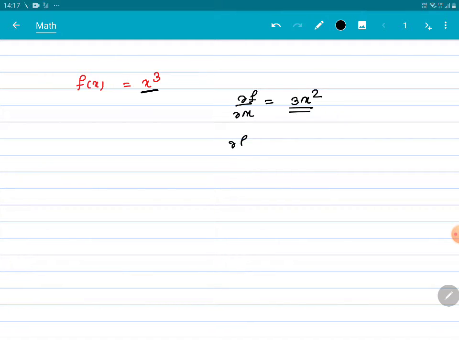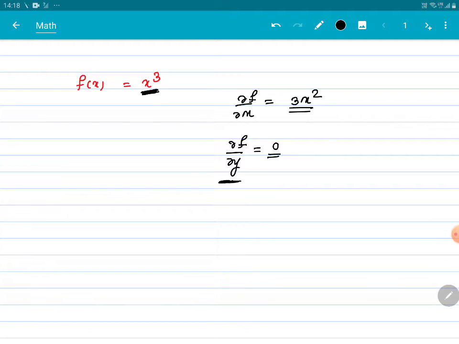But what happens if I write del f by del y? This is a variable in terms of x, but here it is y. So automatically it should be constant, yes or no? Because it is with respect to y, but there is no y term, it will be constant only. So the derivative with respect to y is 0.